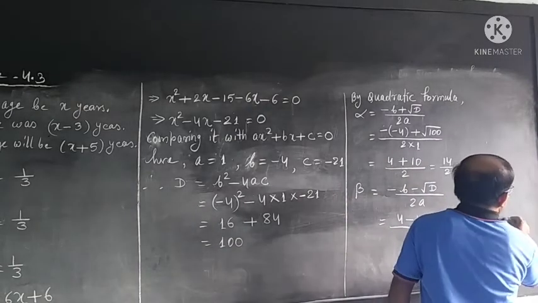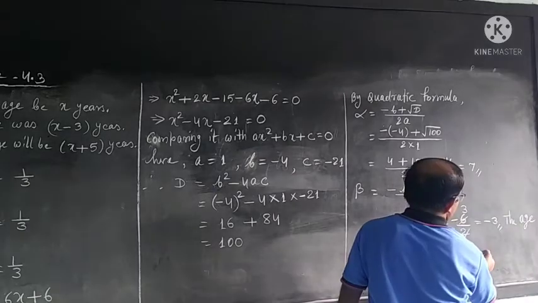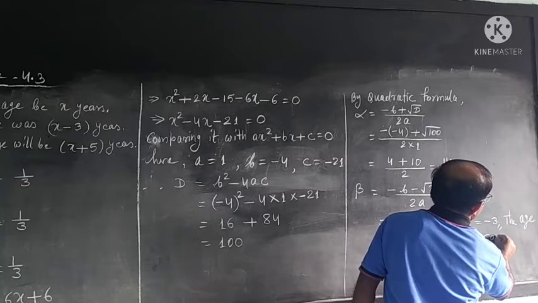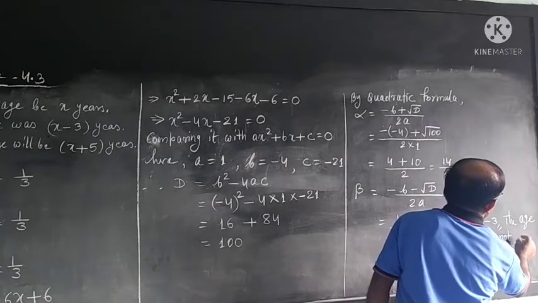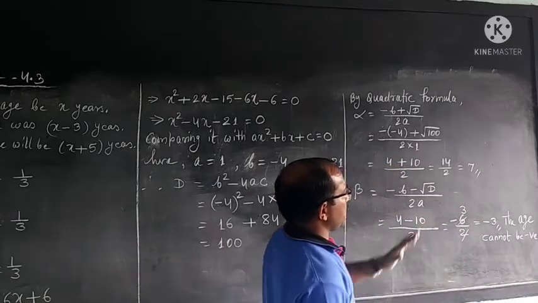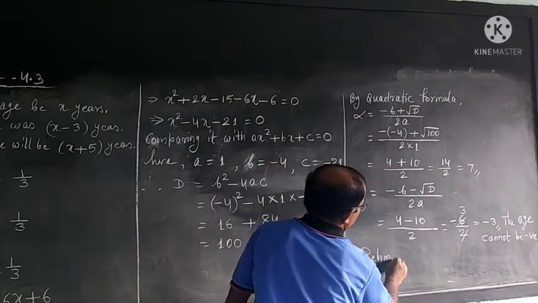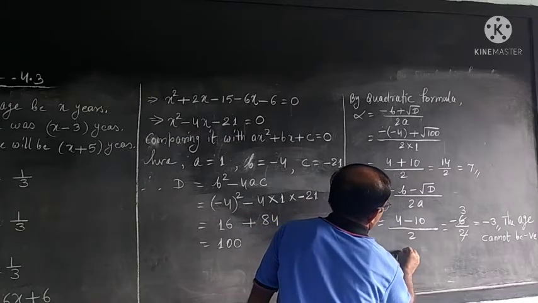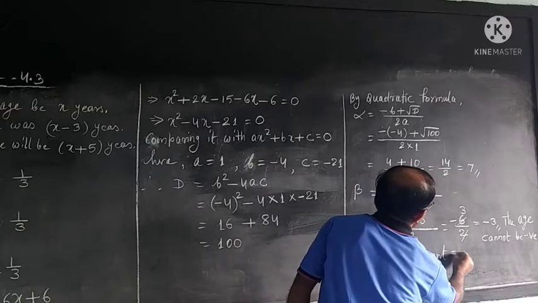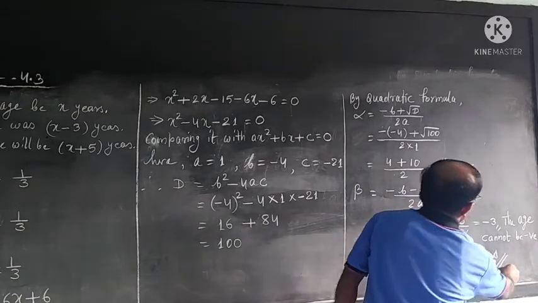Because the age of a person can't be negative, just we write age cannot be negative. So, we are avoiding that value. Therefore, Rahman's present age is 7 years. Hope you have understood it well.